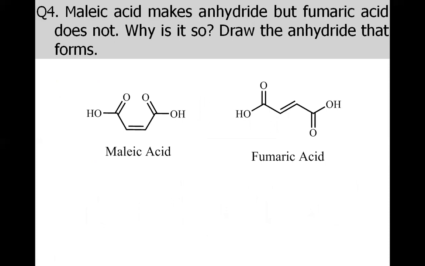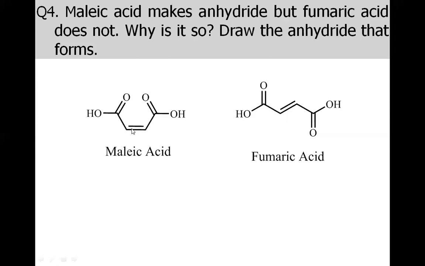Question 4 was, maleic acid makes anhydride, but fumaric acid does not. Why is it so? And draw the anhydride that forms. So this is the structural formula of maleic acid, and this is the structural formula of fumaric acid. Both have the same molecular formula but different structural formula. The other way around, we could say both are isomers.